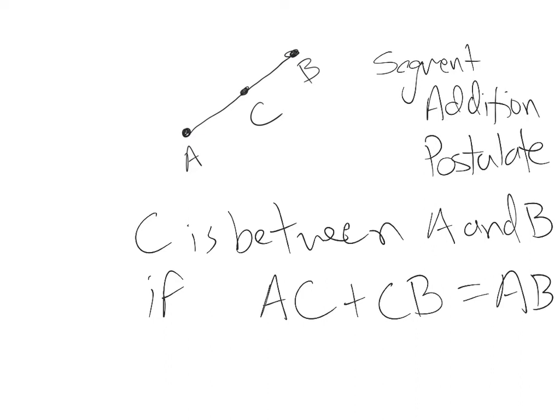So let me color this in just so you can see. They're saying this, A to C, which is this here, AC, and C to B, which is that distance there, is equal to this whole distance here, AB.